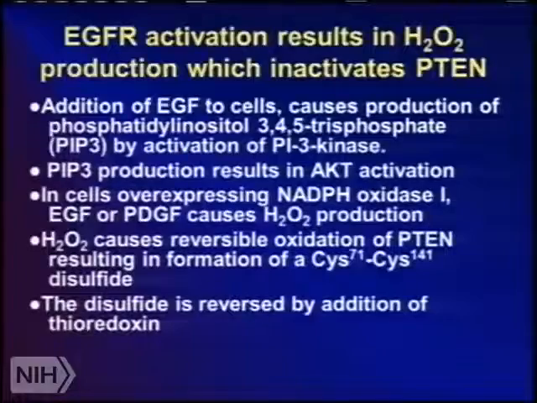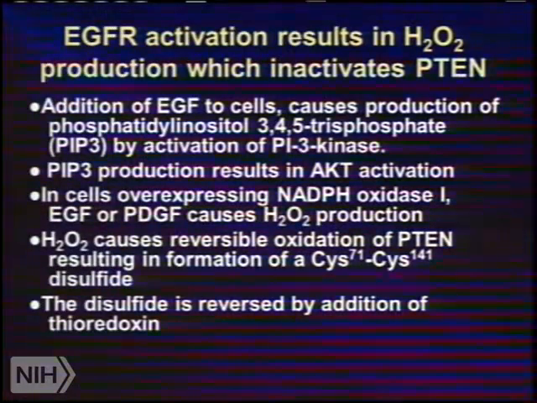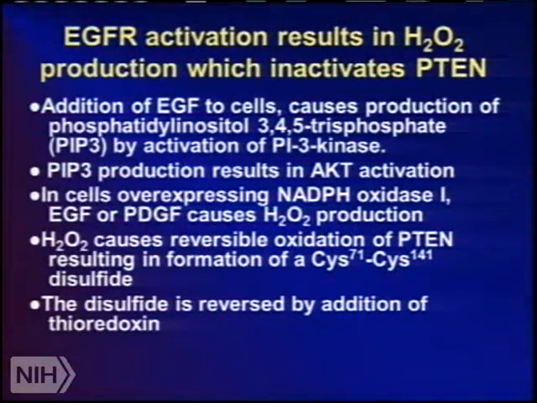So one thing that they found is that when you added EGF to cells having the receptor, it would actually increase hydrogen peroxide production in the cells. And we mentioned before that when the hydrogen peroxide goes up, the enzyme inactivating the tyrosine phosphorylation goes down. So PTEN activity goes down. So when you add EGF, you get PI3 kinase forming.